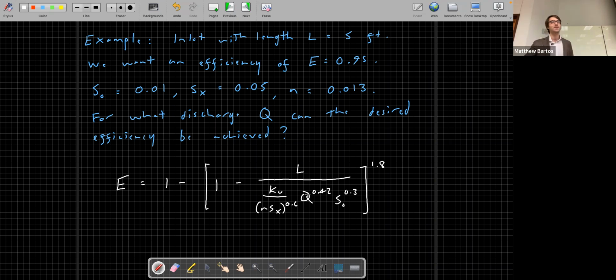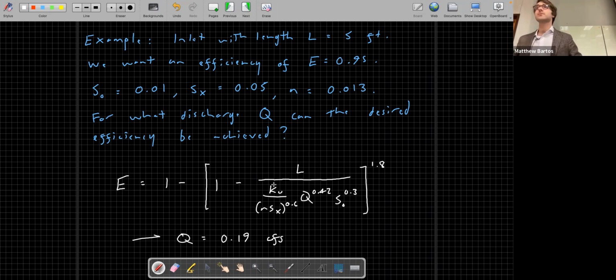If you evaluate this and do a bunch of algebra, you end up with Q equal to 0.19 cubic feet per second. If you got it, give yourself a pat on the back. And if you didn't get it, also give yourself a pat on the back. Way to go for sticking with it.